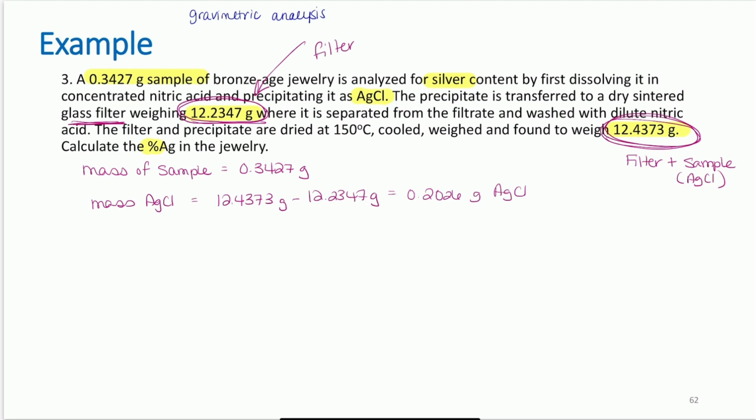I need to know the number of grams of silver so I can compare that to the original sample. Number of grams of silver, 0.2026 grams silver chloride. I'm mixing up silver and chloride here. Silver chloride. Convert that to moles of silver chloride.